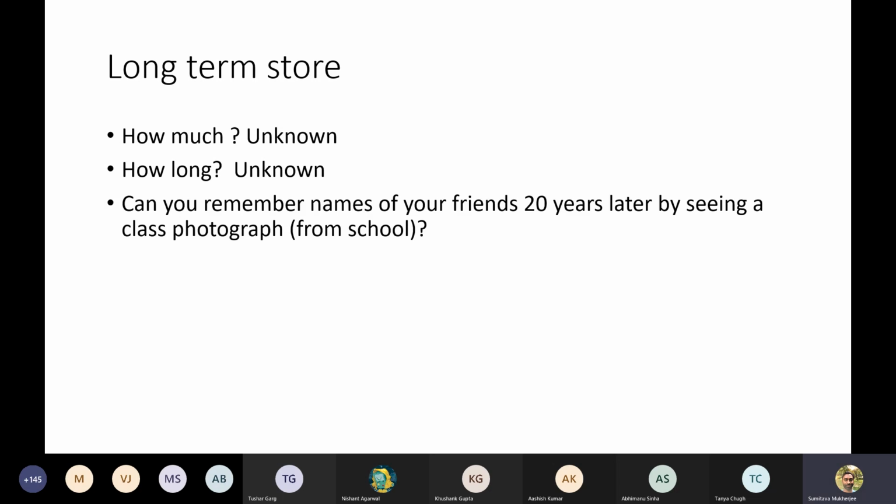And to think about it, think about, let's say, a photograph that was taken a long time back in school when you were in class 1 or 2. How many of these friends' names can you remember after, let's say, 20 years, or if you all are younger, 15 years, or even 10 years from the photo being taken?